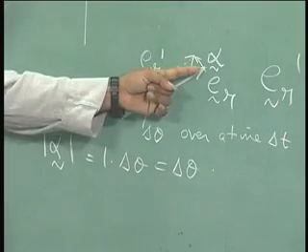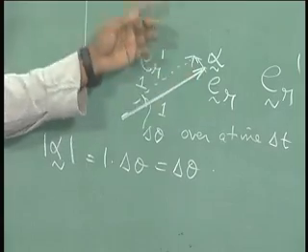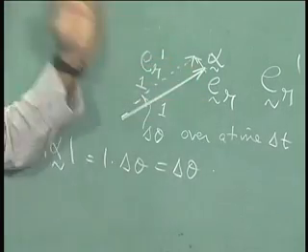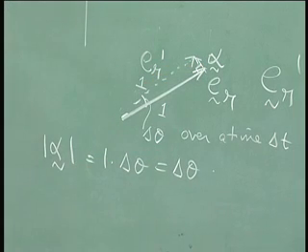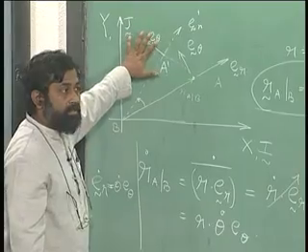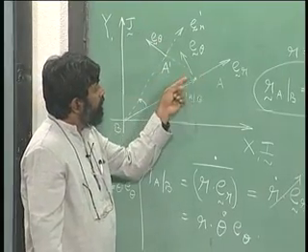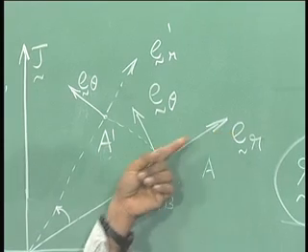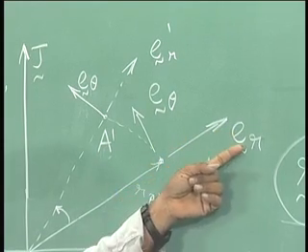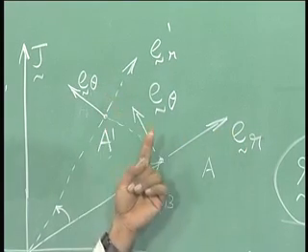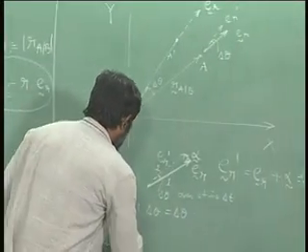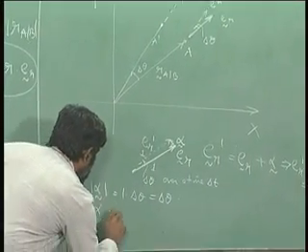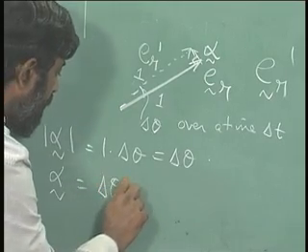Remember, this is along the tangential direction to the sweep that occurs, okay, and therefore this is perpendicular to ER. If you go back to this, what is the direction vector that is perpendicular to ER? That is the unit vector E theta, okay, and therefore alpha can now be written as delta theta times E theta.